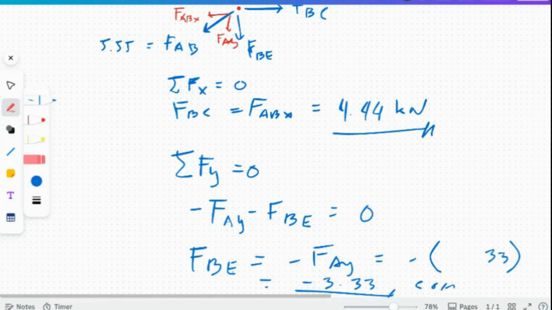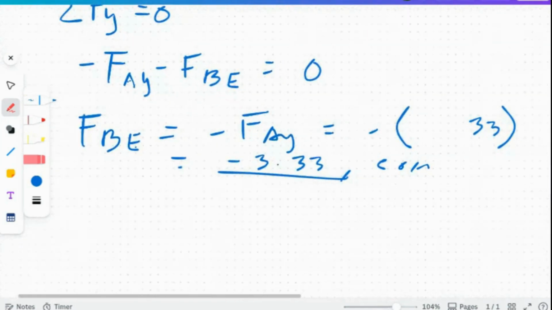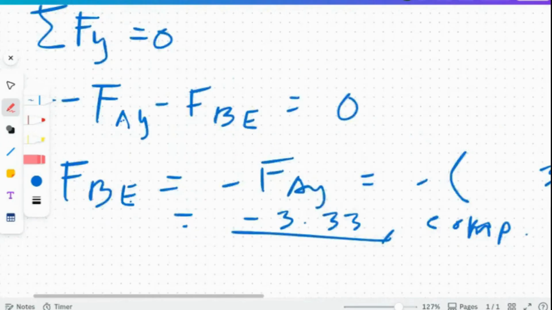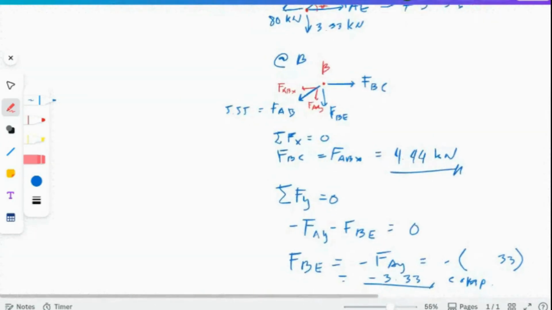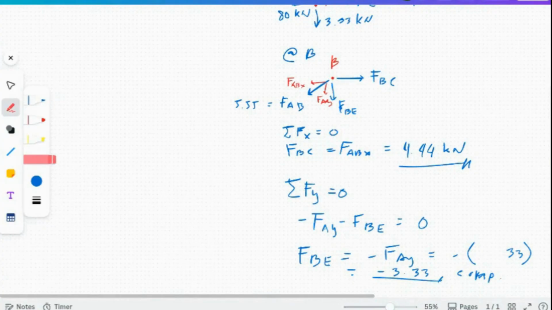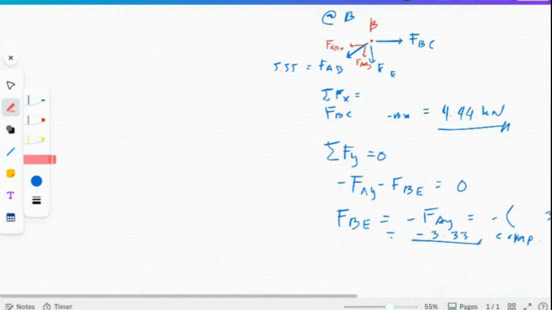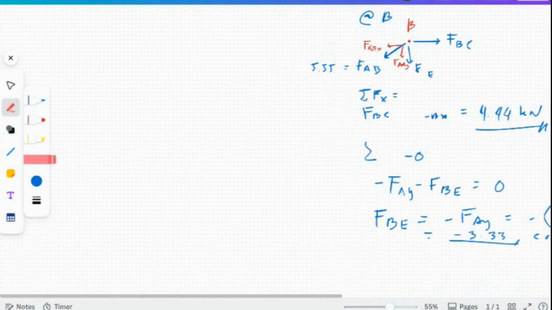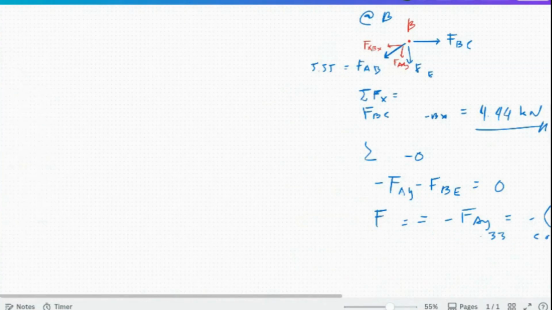Compression. So that means here in this area, FBE should be, okay, wait, just real quick.